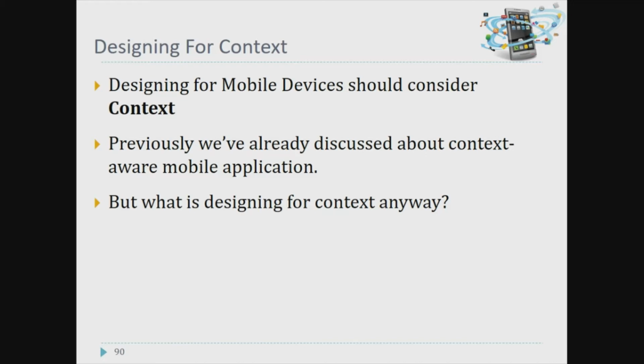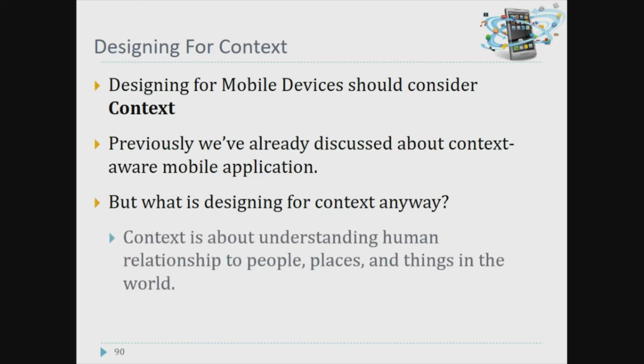So, when we talk about designing for context, what is it? Is it about context awareness, or what? Context is about understanding the relationships between people, places, and things in the world.